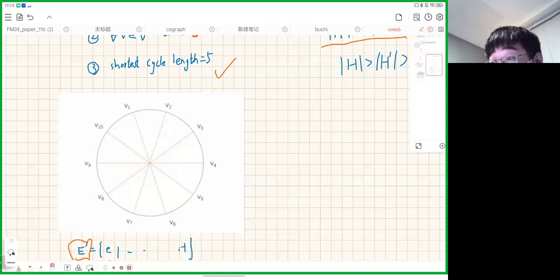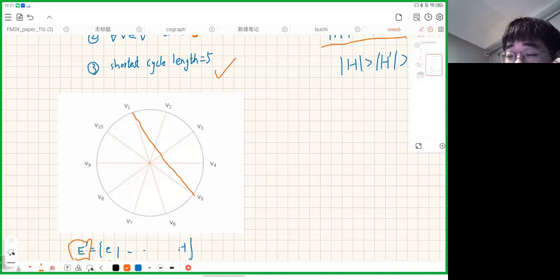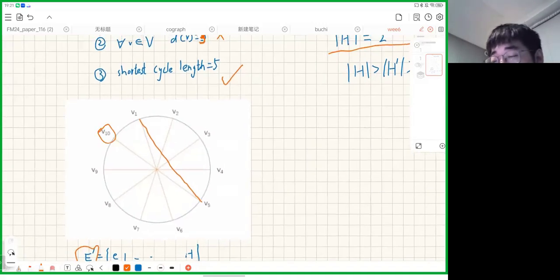Then what will happen? Let's connect some edges here. So for example, let's connect V1 and V5. We know their distance is 4. Then let's see where V10 can connect to. Can it connect to V4? No, because if we connect them, we will create a circle from V10 to V1 and then V5, V4.